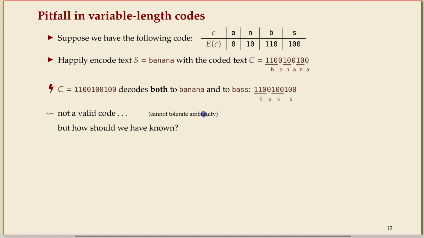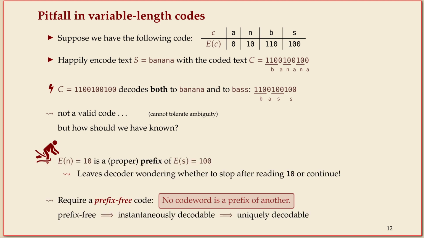So we don't like that kind of code. One indication that there might be a problem in your code is if one code word, like 10, is a prefix of another code word. Because then when you decode, you don't know whether you should stop and report the letter you currently have or keep reading.